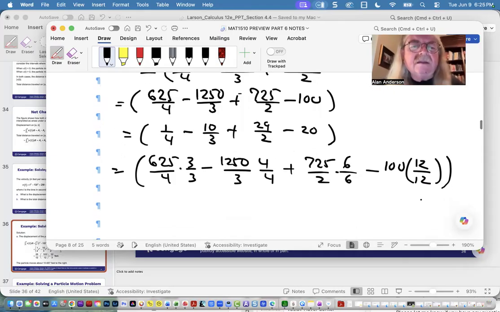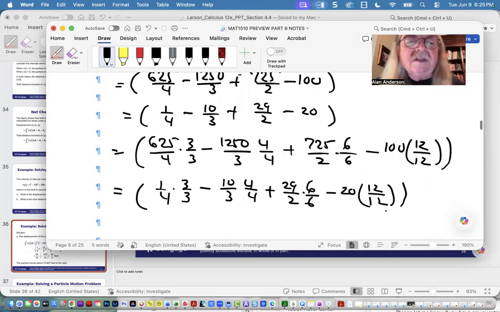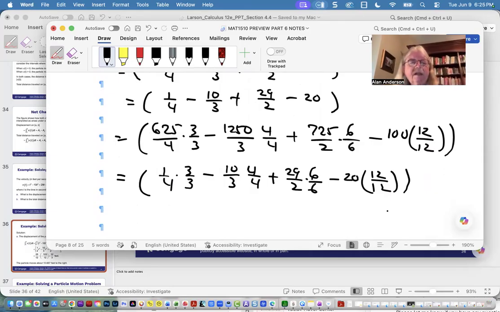And then we'll do the same thing in the denominator. Okay, so what does that leave? It leaves us with a mess, but everything is divided by 12 at least.